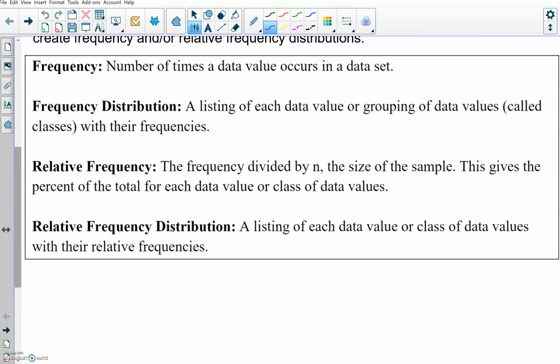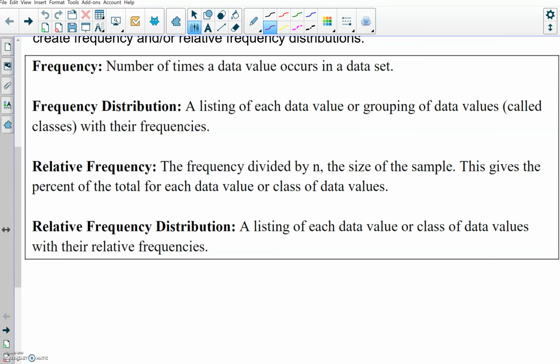In this class, frequency is the number of times a data value occurs in a data set. That's the meaning of frequency in statistics. If you're doing a study and you see that there are 20 people that are 6'4", then the frequency of people that are 6'4" in your sample is 20.